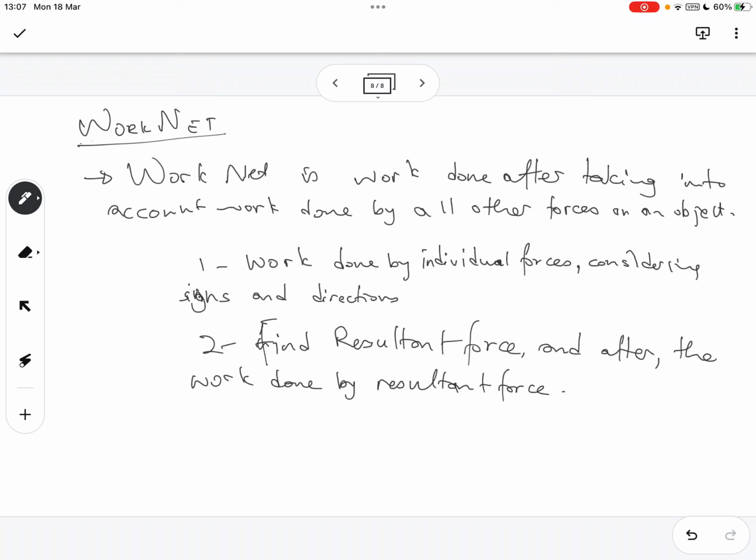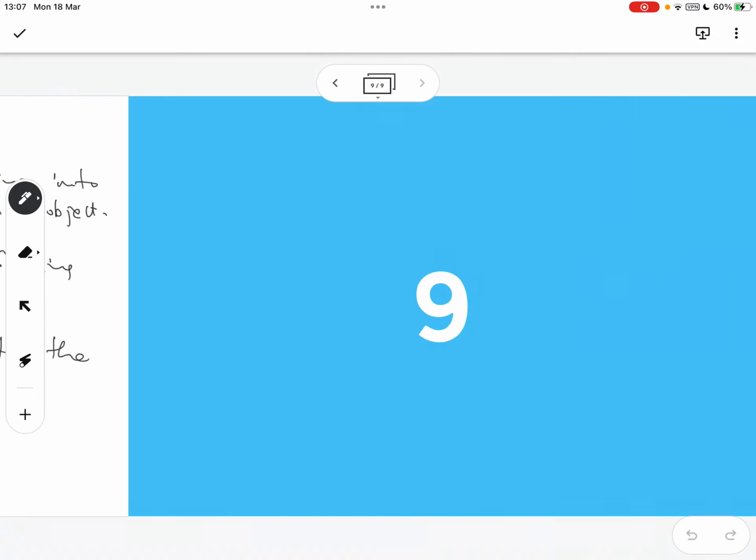Alright. Personally, I'm going to use approach 1, because I feel like it's going to be much easier for me. I guess anyone would go for the approach that works for them best.